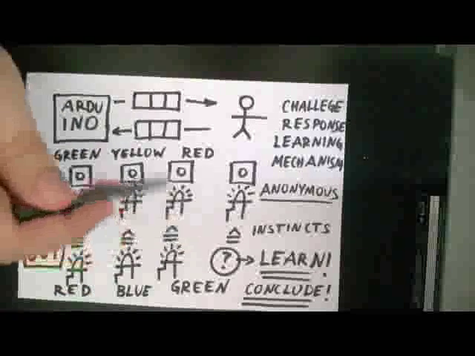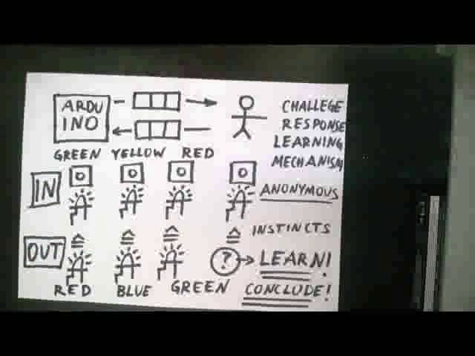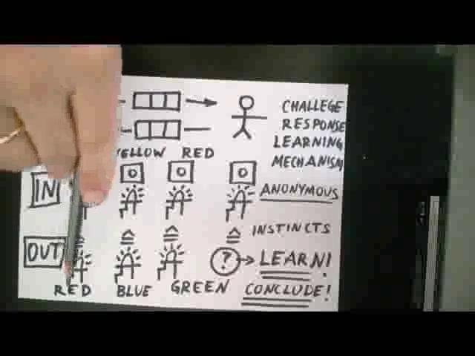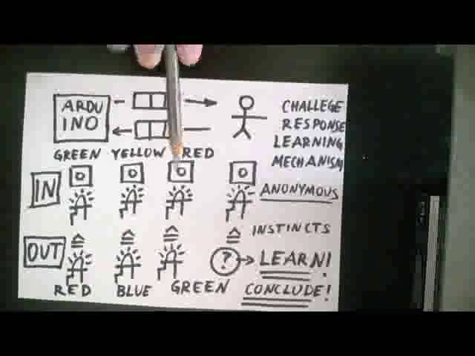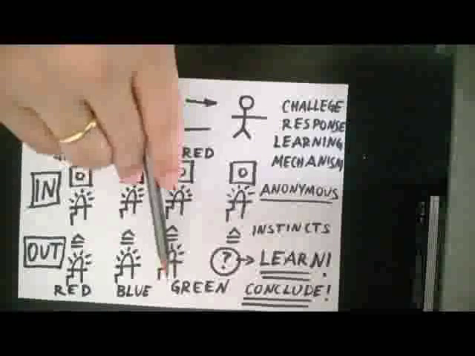In fact, these push buttons and LEDs are connected in the software through instincts, which I just discussed. So when you are thinking of something green, you will activate something red. When it is thinking of something yellow, it will activate something blue. And thinking of something red, it will activate something green.